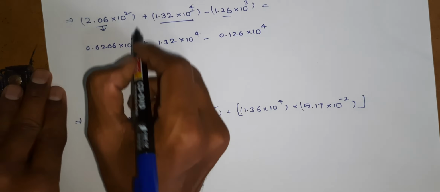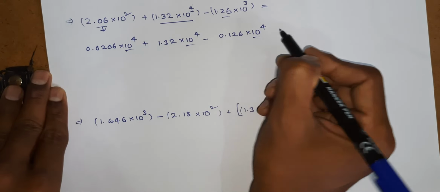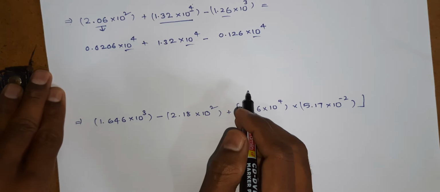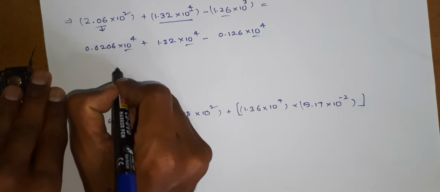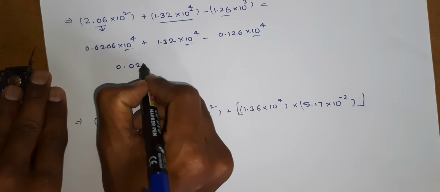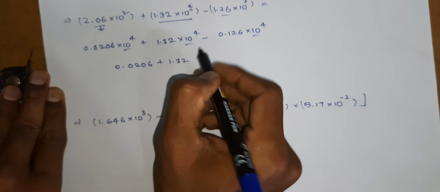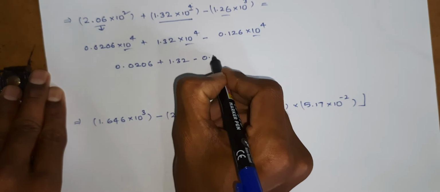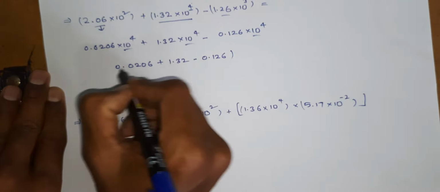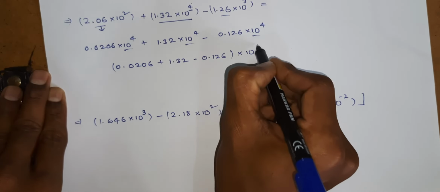Here 10 to the power of 4 is common, so 0.0206 plus 1.32 minus 0.126, into 10 to the power of 4.